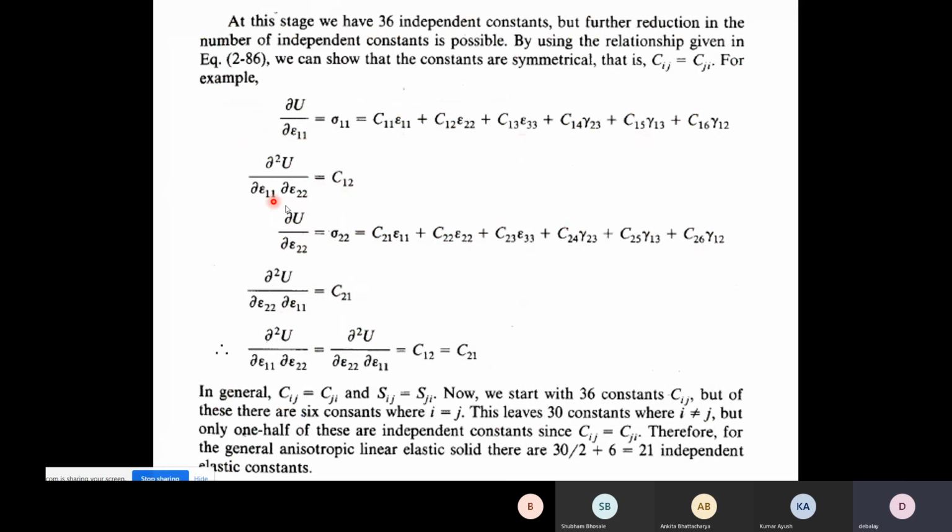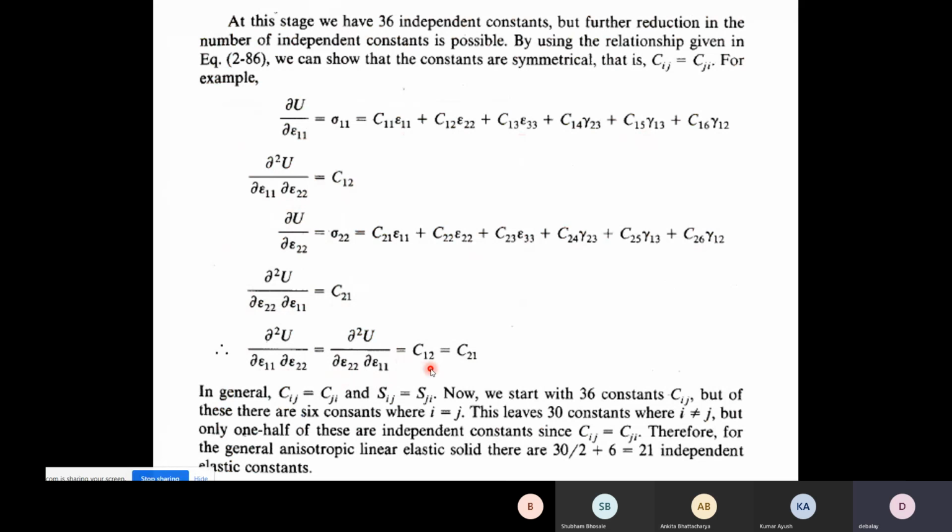Here you take a double derivative with respect to epsilon 2 and you will get C12. If you take the first derivative with respect to epsilon 2 and the next derivative with respect to epsilon 1, you will get C21. Since the double derivative of U with respect to strains 1 and 2 equals the double derivative with respect to strains 2 and 1, these two are also equal.